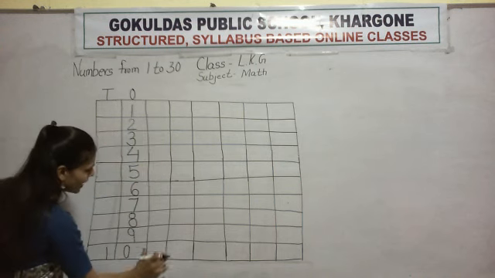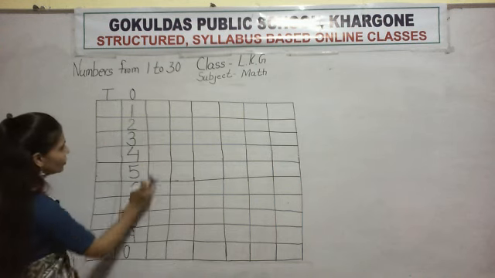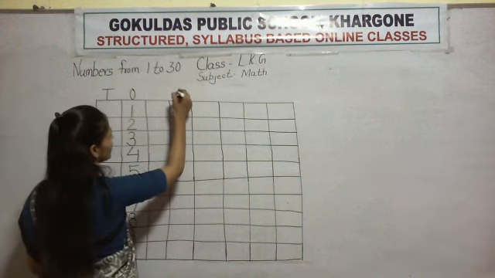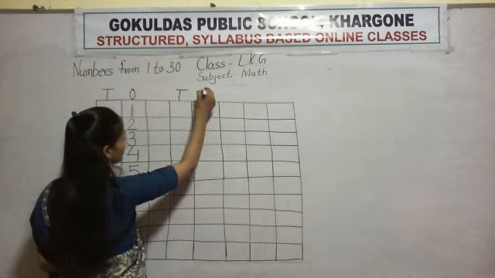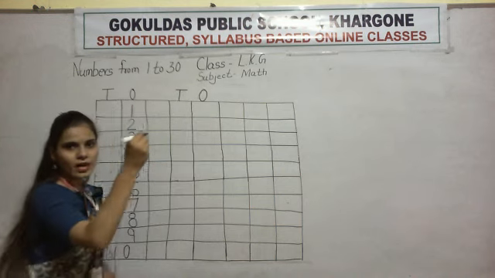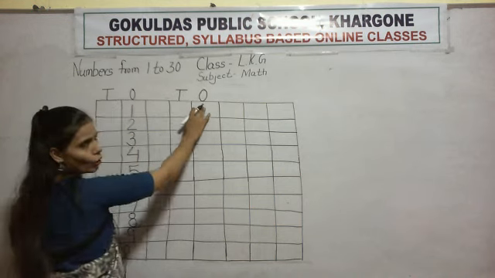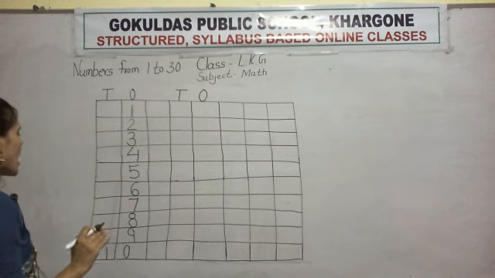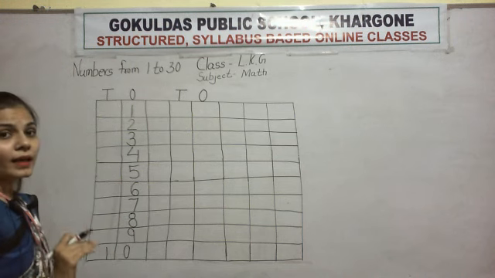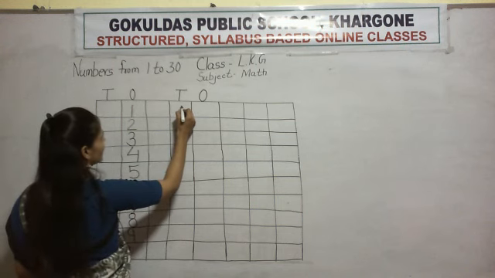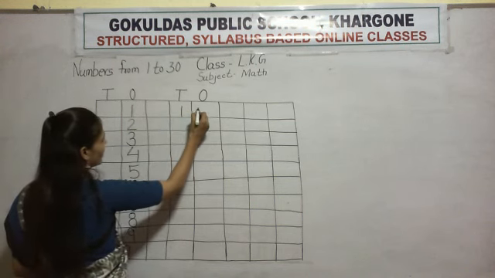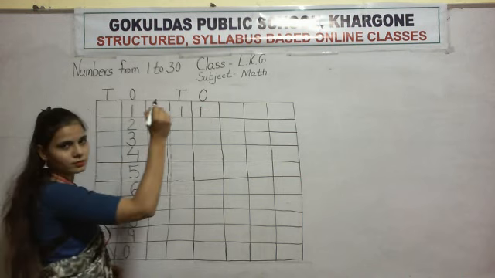Drop one line on your notebook, and again we start. Again we write tens, ones. T, O. Done. Now after 10, number 11 will come. So we will write 1, 1, 11. Here we write 1, 1.